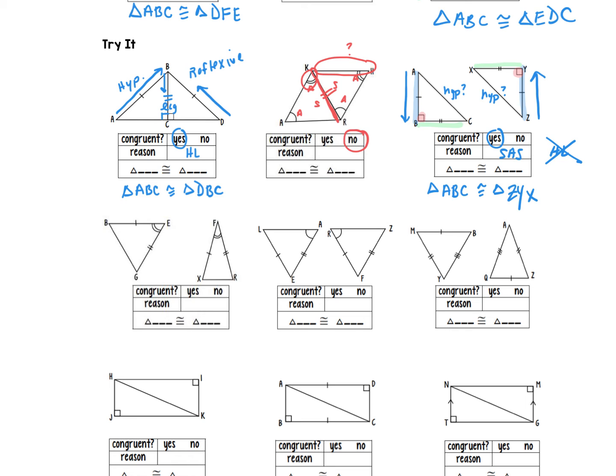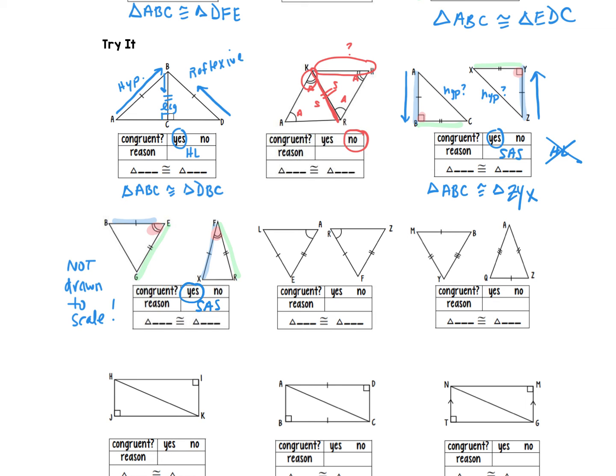All right, this one is not drawn to scale, meaning something happened when the picture was transported here. These two triangles actually are congruent by side, angle, side. They just don't appear to be congruent. So we're going with the markings and not by what they look like, side, angle, side.